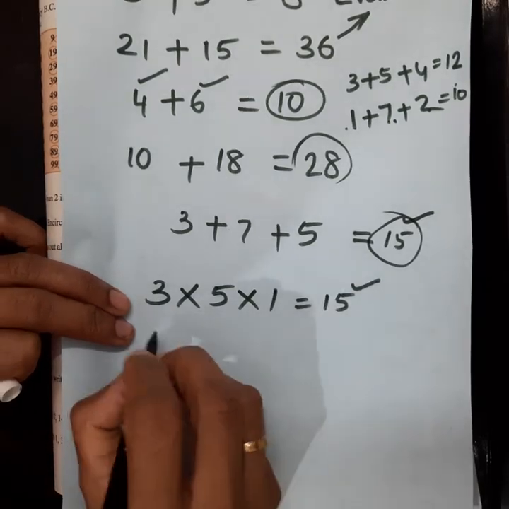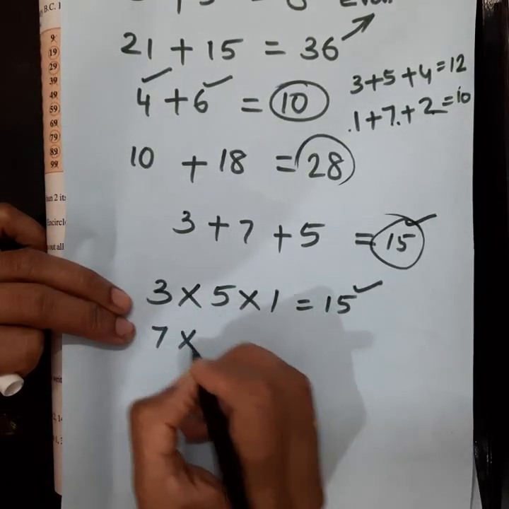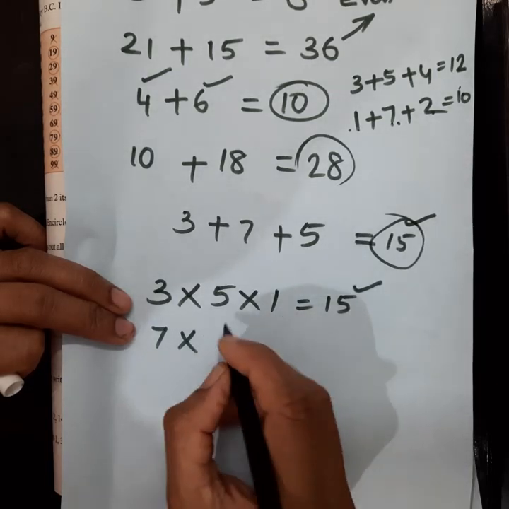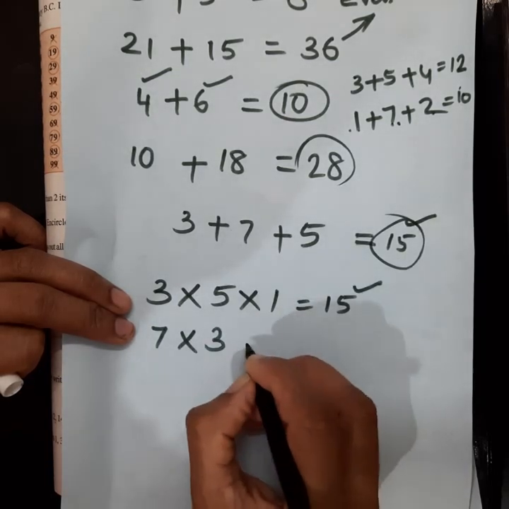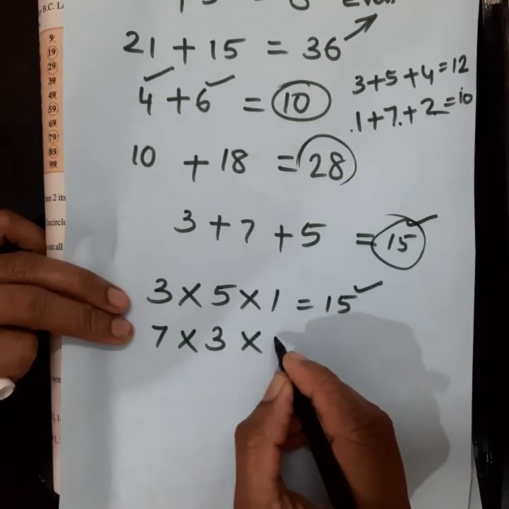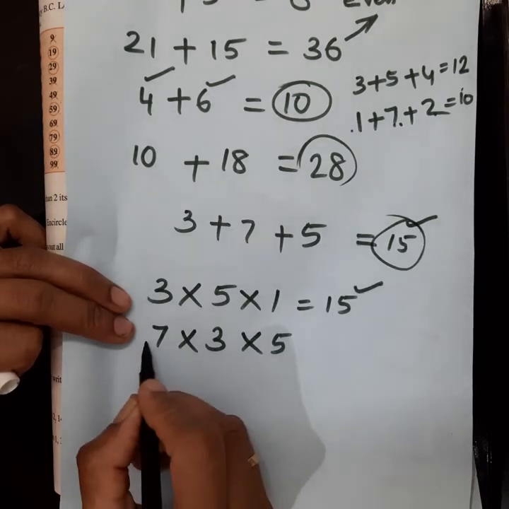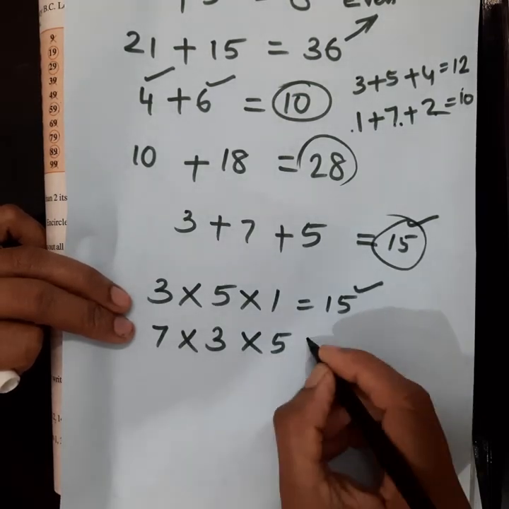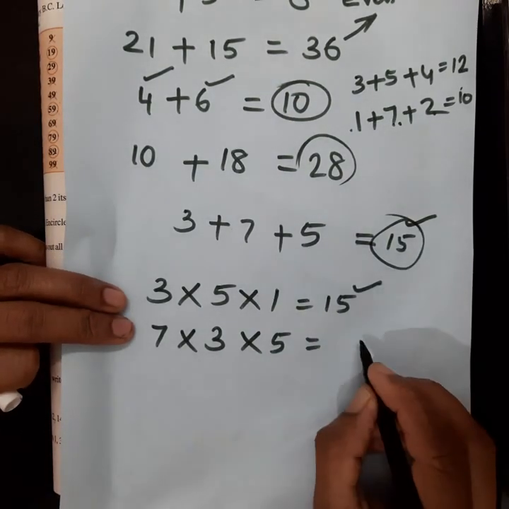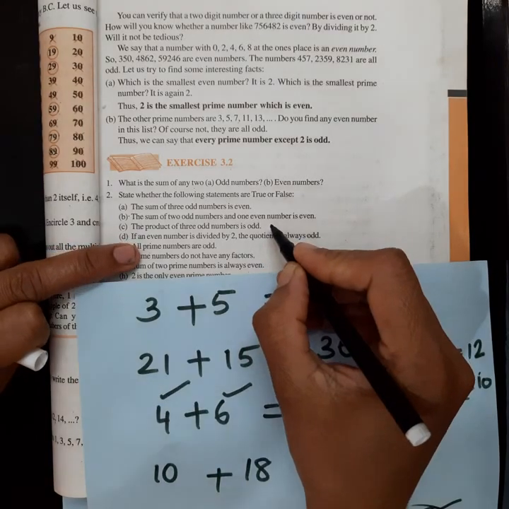One more example to check: 7 into 3 is 21, 21 into 5 is 105. So 105 is also an odd number. So it is also correct.